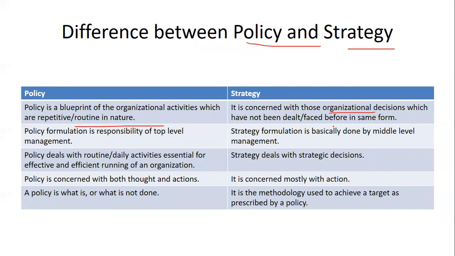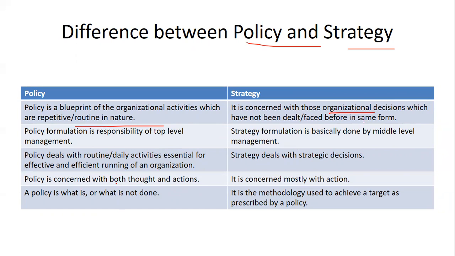The form of strategy differs every now and then depending upon the situation. Policy formulation is the responsibility of top level management, whereas strategy formulation can be done even by middle level management. Policy deals with routine or daily activities which are necessary for the running of an organization. Strategy deals with strategic decisions which are important in order to achieve the organization's goals.